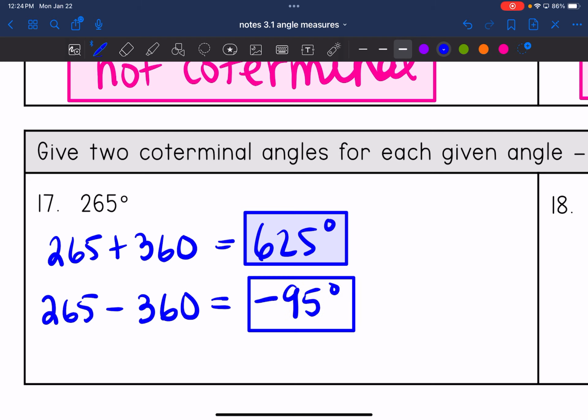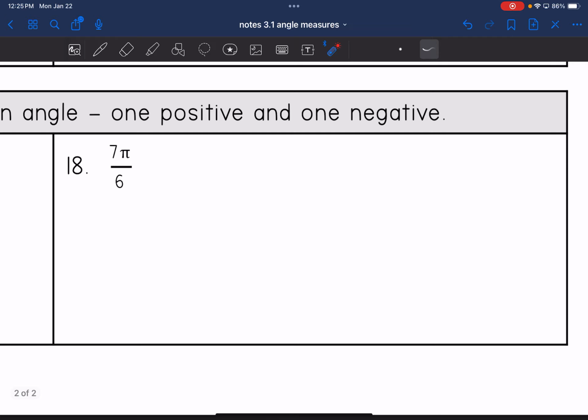Okay, and then last one, we're going to do this one in radians. So we're going to add a full rotation. We want to add 2 pi. The issue here is that when you're adding fractions, you need to have the same denominator. And remember, 2 pi has an invisible 1.